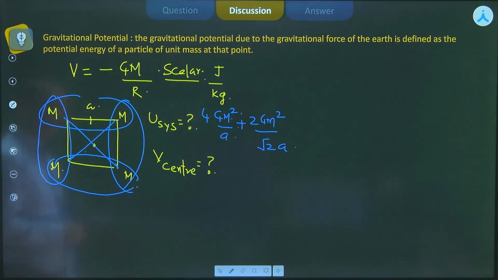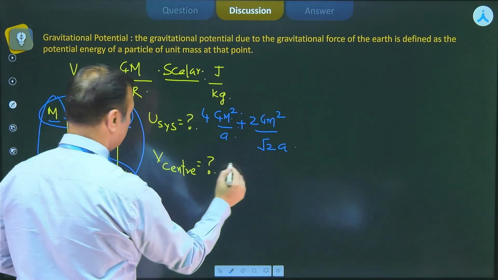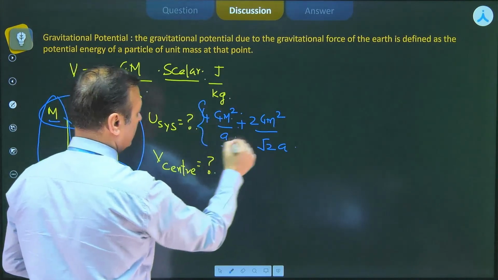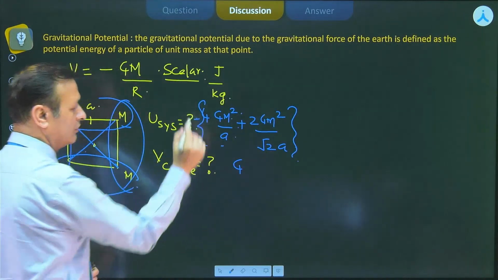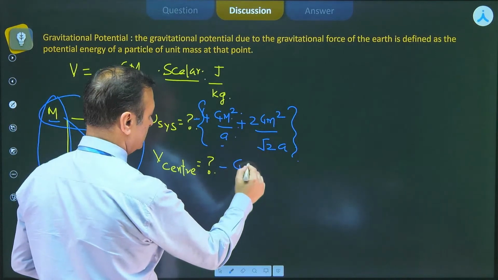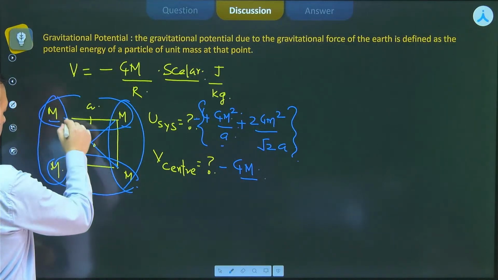Got it? But what about the potential? Potential is primarily because of these 4 masses. So for the first mass, this is minus Gm, and this is also a negative sign, no doubt. You got it or not? Then the gravitational potential at the center is minus Gm by, what is this separation?